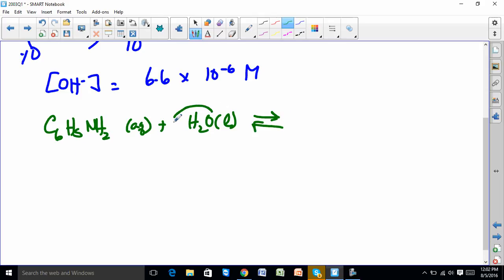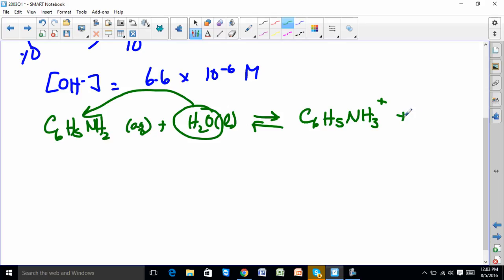Now remember, bases are proton receivers, and so C6H5NH, it was 2, now it's 3. They gave you this equation, but it picked up an H plus, so it is a positive sign. And then this must be acting as an acid because it's a proton donor, and so you don't have 2 H's, you have 1 H, and so it's OH minus.